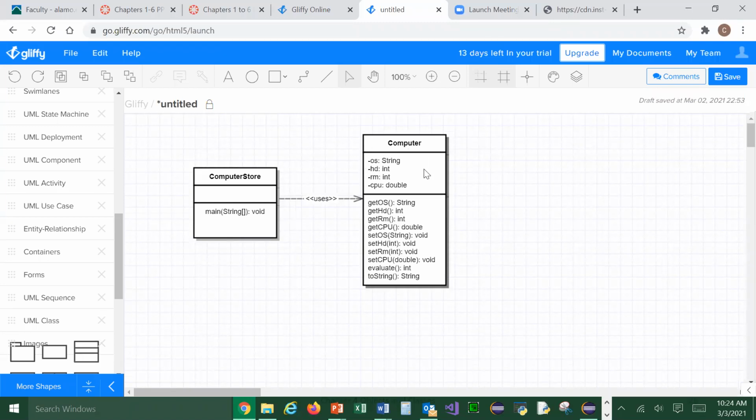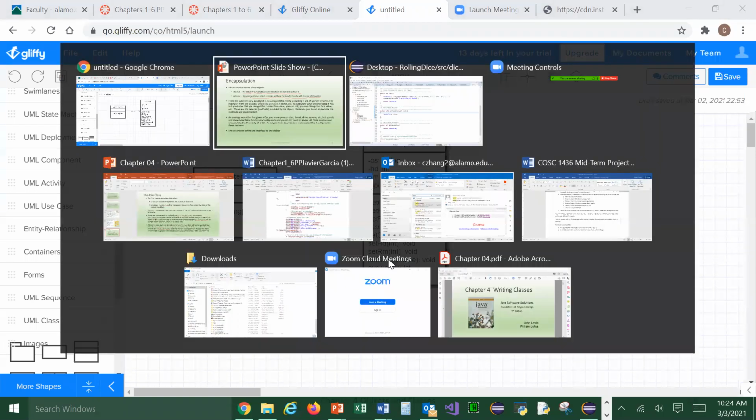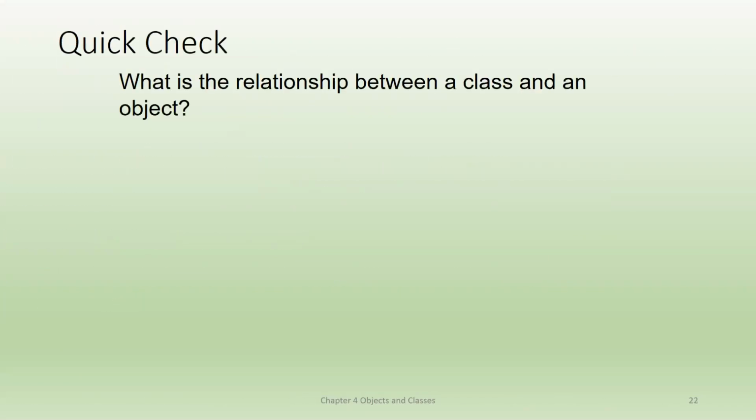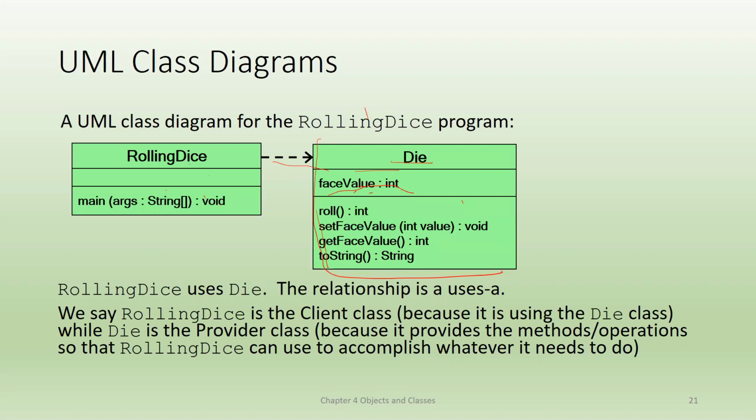Internally, this is the internal view of this computer class. Let's go to the rolling dice, since you are more familiar, we haven't written that yet. Internally, this is the internal view. And this class cannot see this because it's private. It can see these methods. So those are the interfaces you can see.